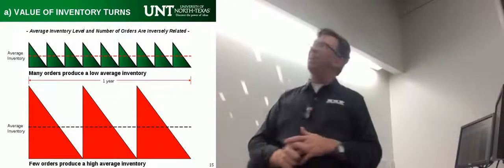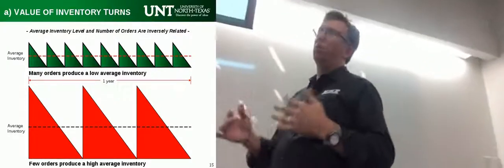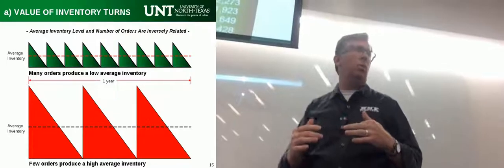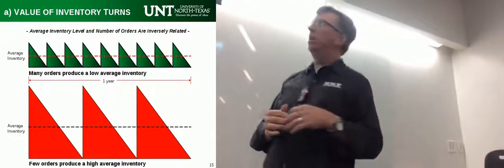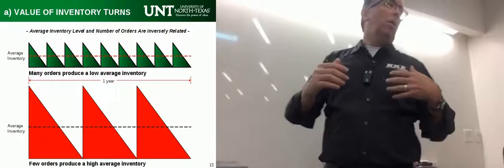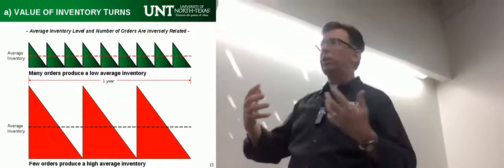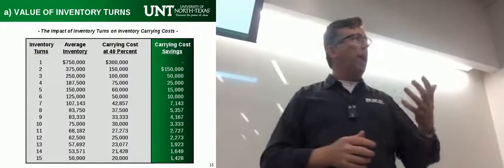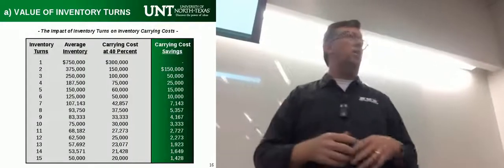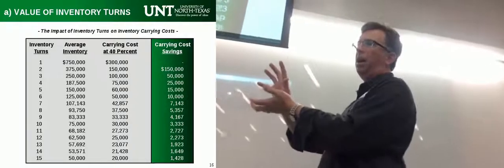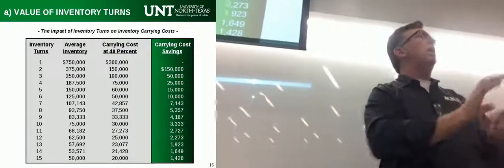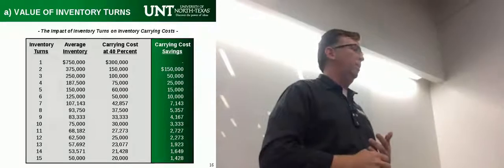All right, but one of the key trade-offs as it relates to inventory carrying costs, which was one of the key components we talked about in our last lecture, is how much that inventory is going to erode: the cost of capital, the insurance costs, the obsolescence costs. That inventory carrying cost is directly tied to the average amount of inventory, right?